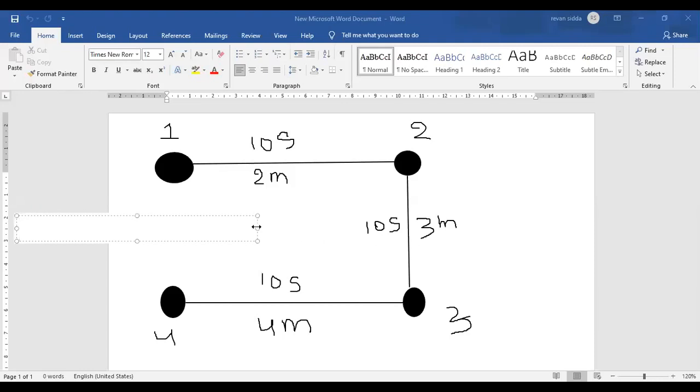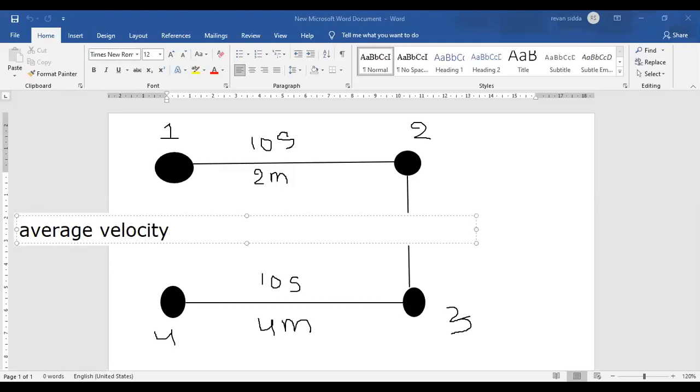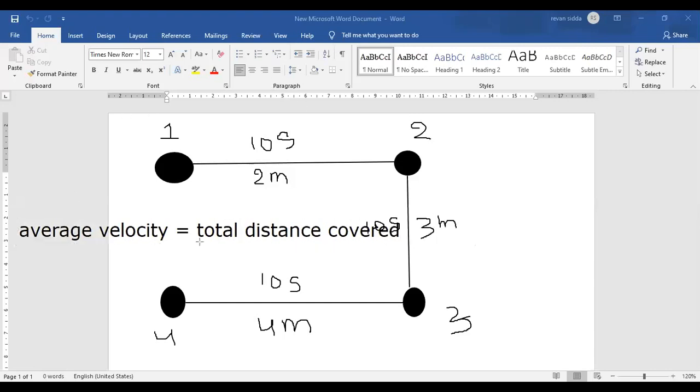average velocity equal to total distance covered by total time taken in a particular direction.